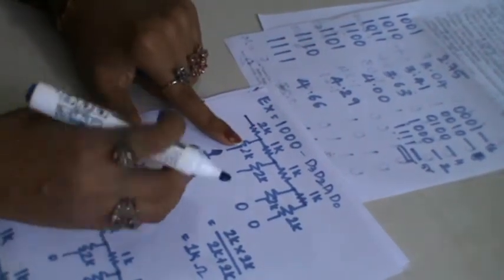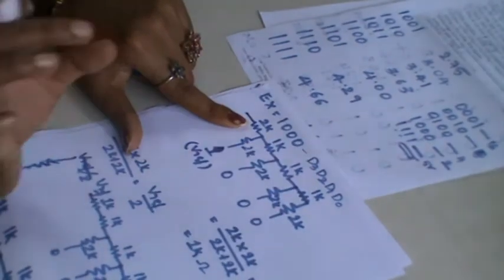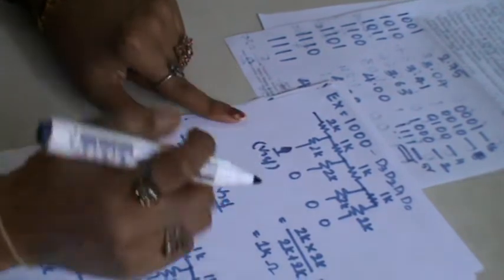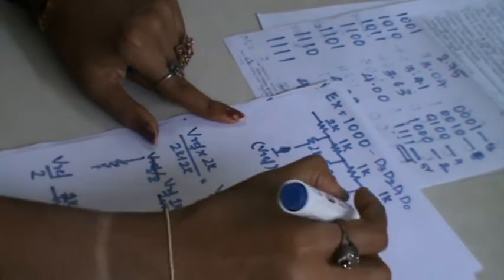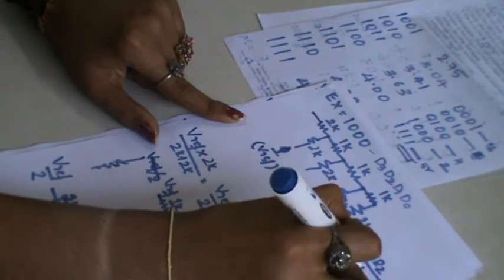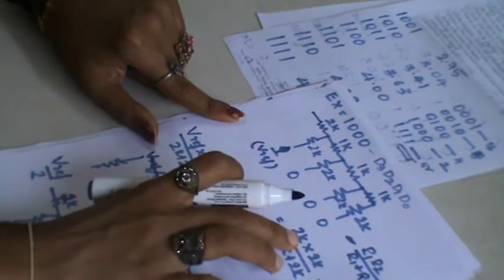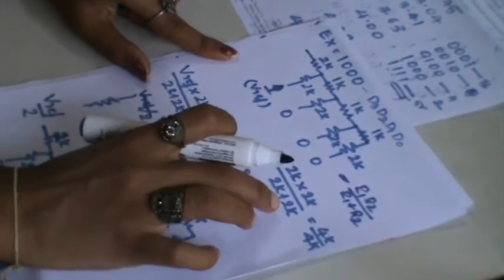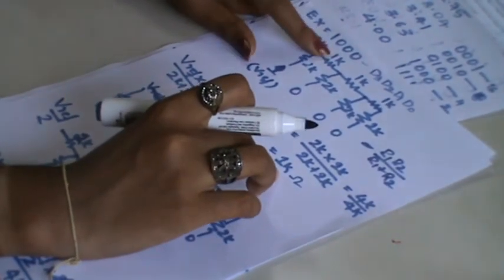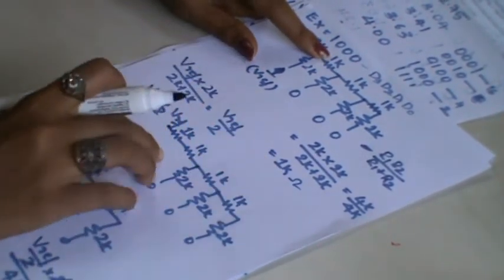The 2 kilo ohm resistors are in parallel, so I will solve the parallel equation: R1 into R2 divided by R1 plus R2. That is 2 kilo ohm into 2 kilo ohm divided by 2 kilo plus 2 kilo. You will get 4 by 4, that is nothing but 1 kilo ohm. This 1 kilo ohm will be in series with another 1 kilo ohm.